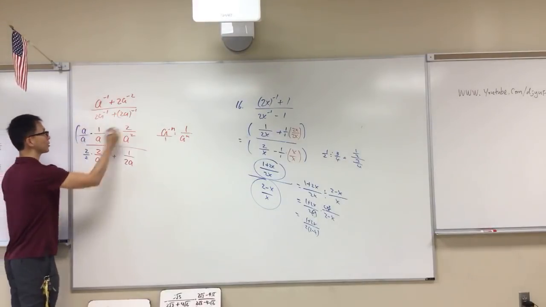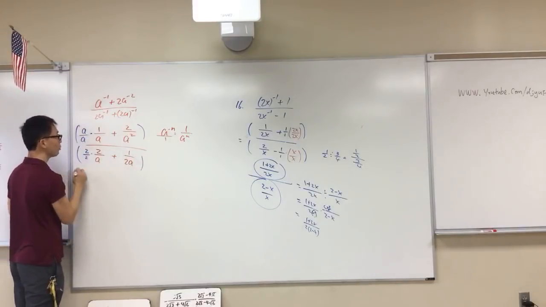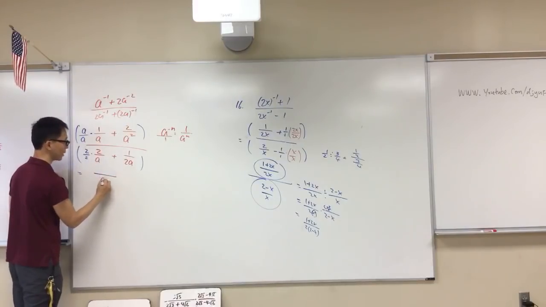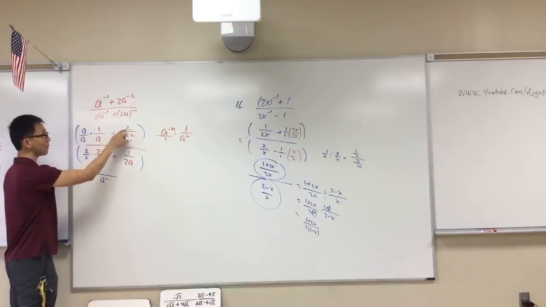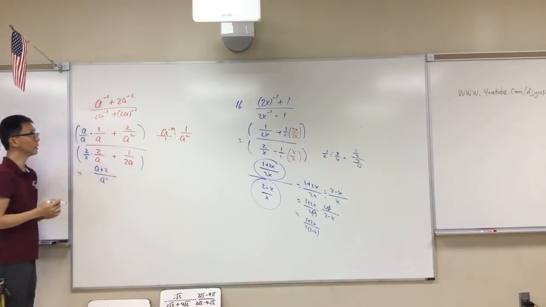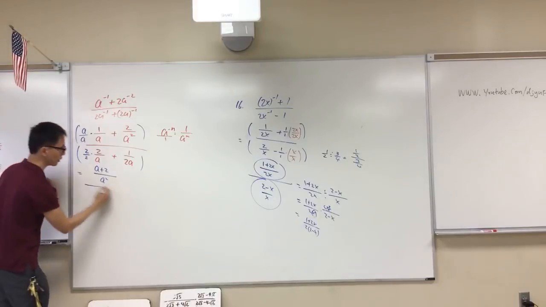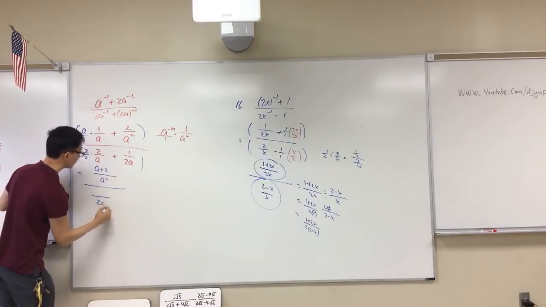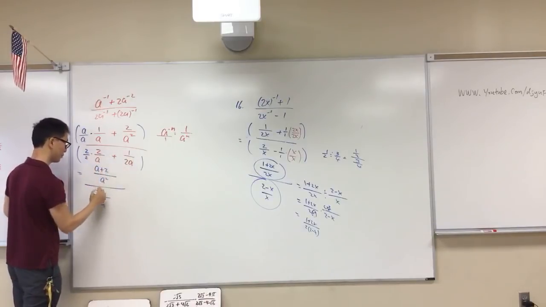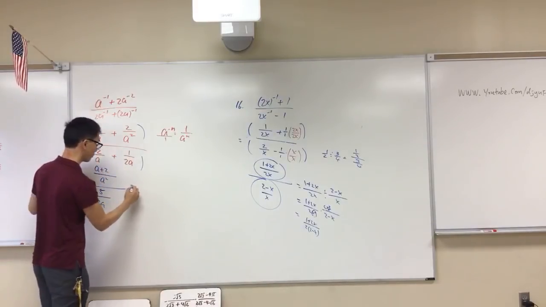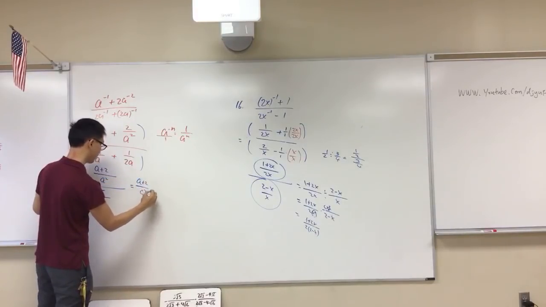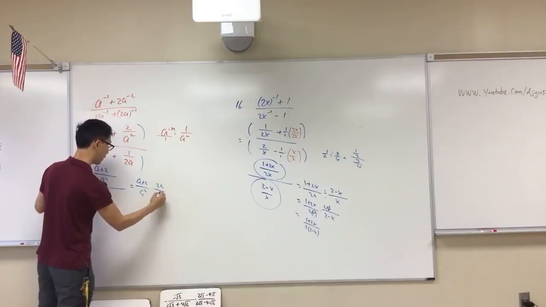Okay, so now there's still a parenthesis right here. On the top is going to be A squared, so the common denominator is A squared. So the top part I can add now, so it'll be A plus 2. On the bottom it's going to be 2A. Now it's going to be 4 plus 1, which is 5. Then keep, change, flip: A plus 2 over A squared times 2A over 5.